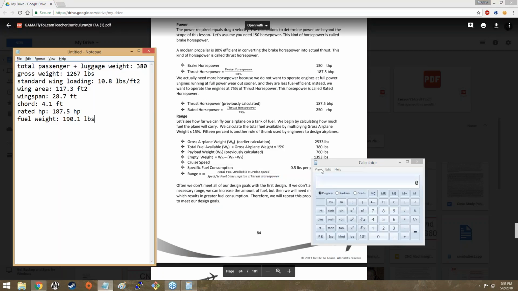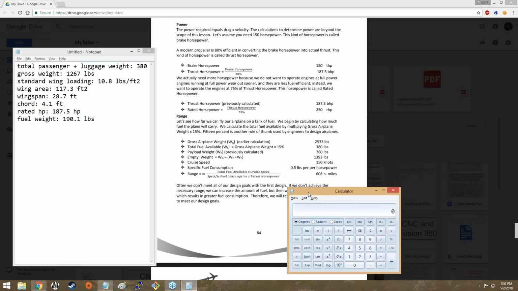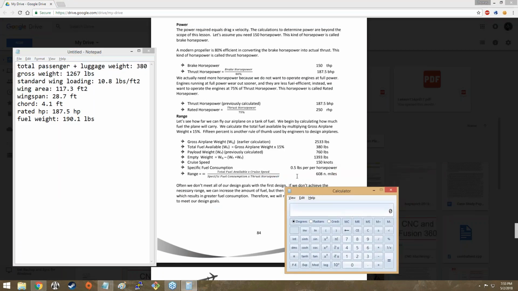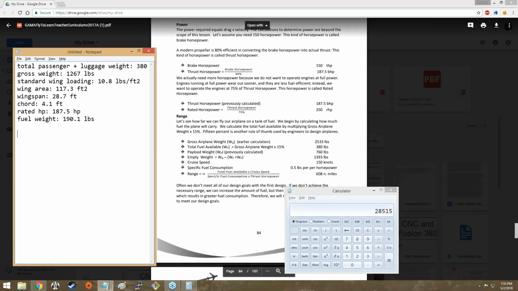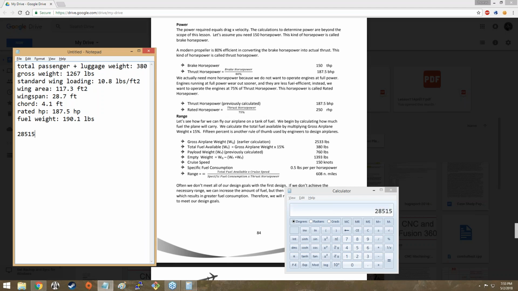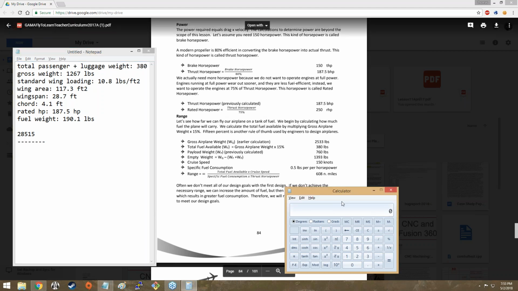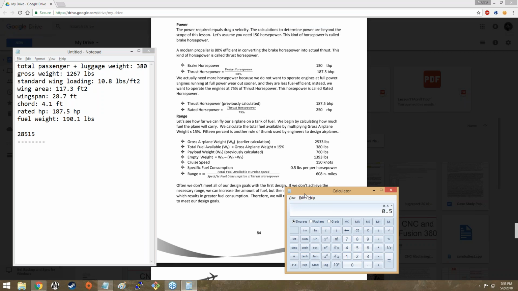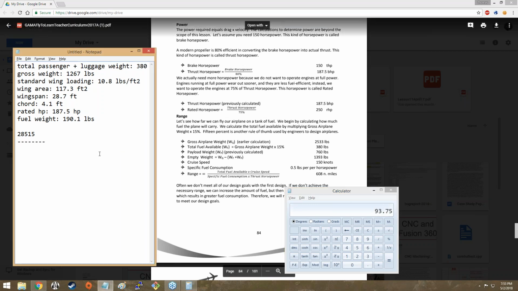Oh my God. Goodness. All right. So total fuel available is going to be 190.1 pounds times the cruise speed of 150 knots, which is going to be 28515. And then this is all going to be over the values on the bottom, which is specific fuel consumption, 0.5, times thrust horsepower, which is 187.5, which is 93.75.